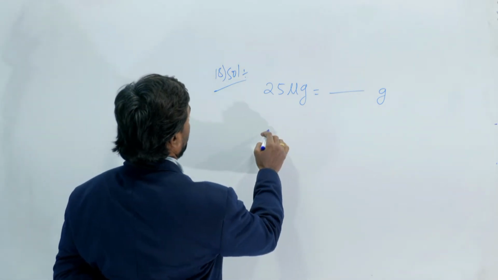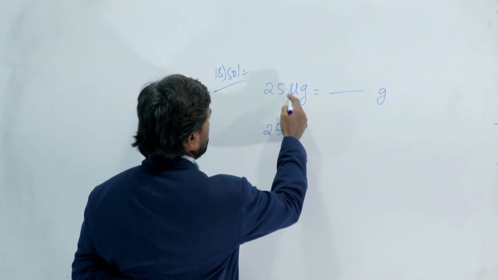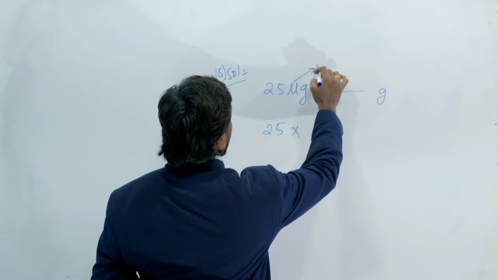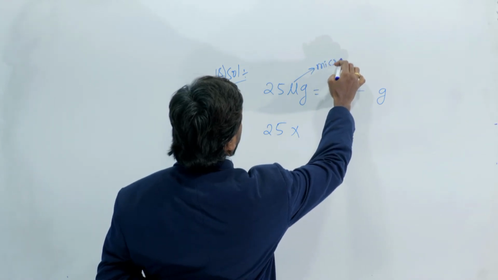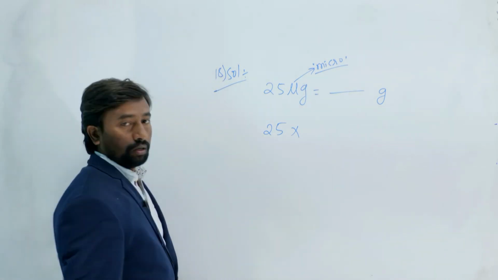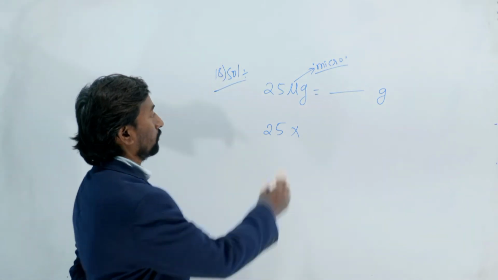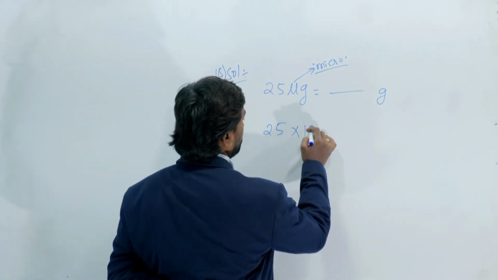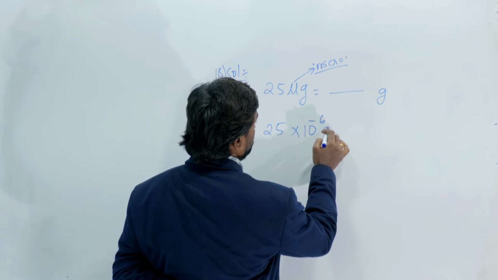So here we can write 25 into micro. This is the symbol of micro, pronounced as mu. So 25 μg means micrograms. Micro means the value of that is 10 to the power of minus 6 grams.